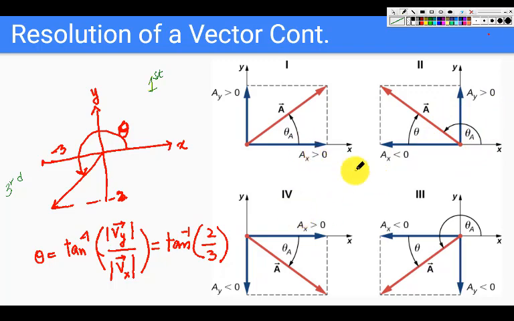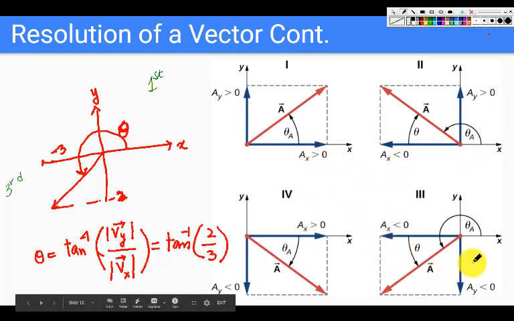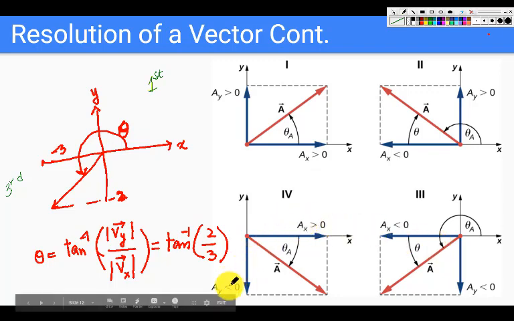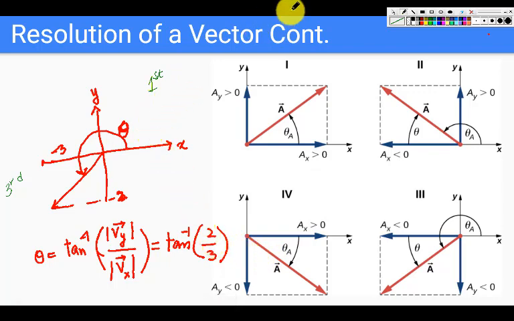Okay, so if both of them are negative, then we have to find this angle. Okay, this extra angle, and when x is positive and y is negative, we can find this angle, but this would be in the clockwise direction. Okay, so these things will get more clear as we move on, inshallah.